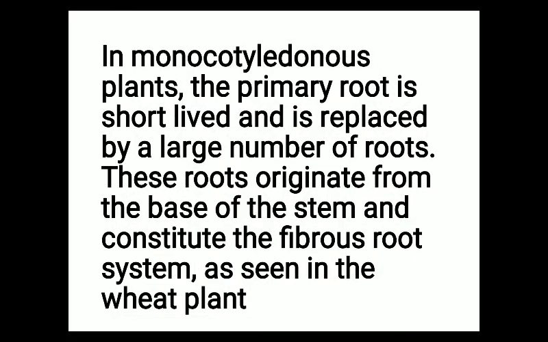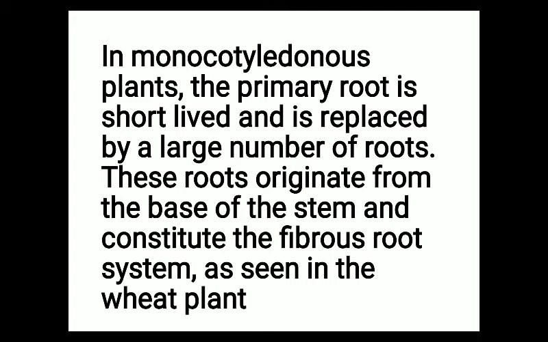Now we will talk about the monocotyledonous plant. In monocotyledonous plants, the primary root is short-lived and is replaced by a large number of roots. These roots originate from the base of the stem and constitute the fibrous root system as seen in the wheat plant. So in monocotyledonous plants, what will happen? The root will also arise from the radicle part of the embryo.